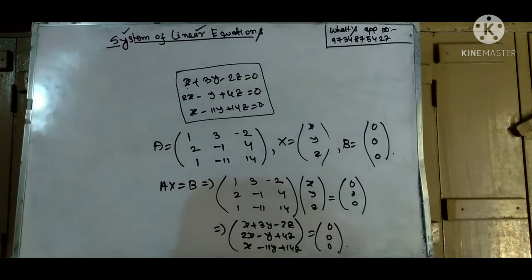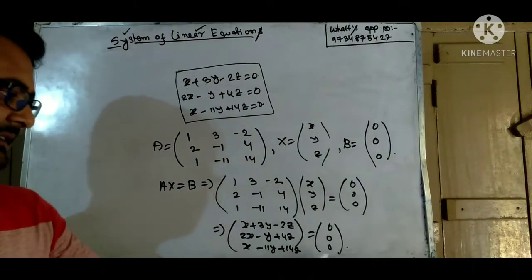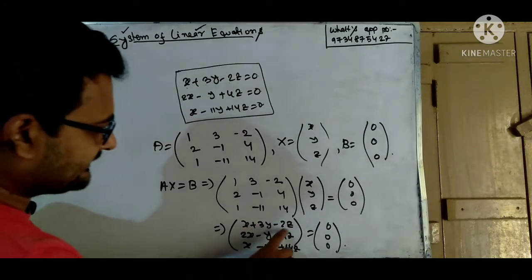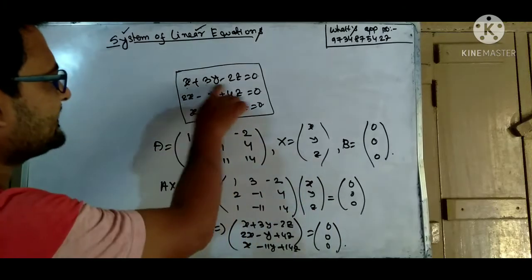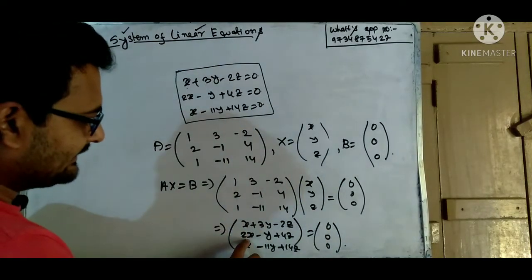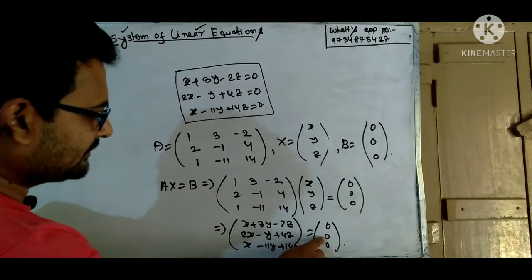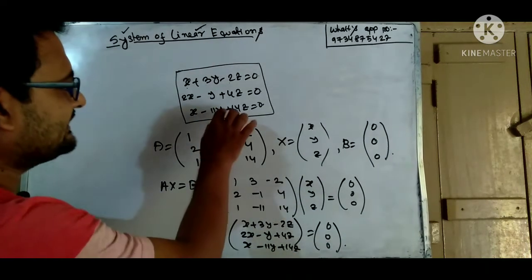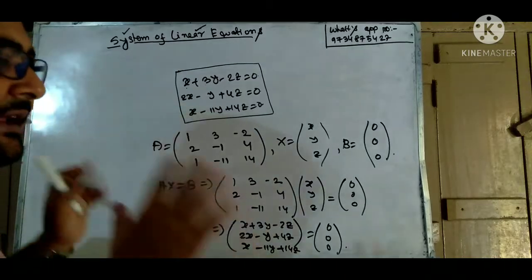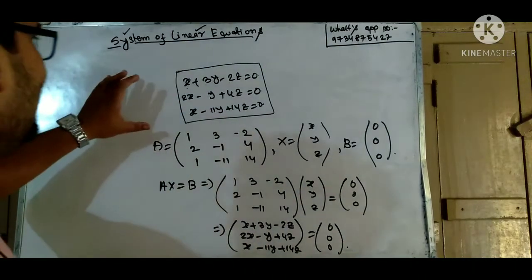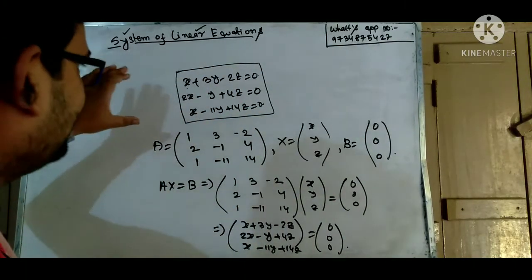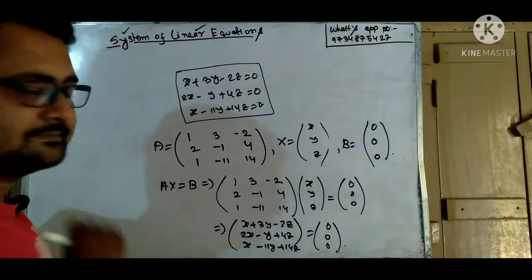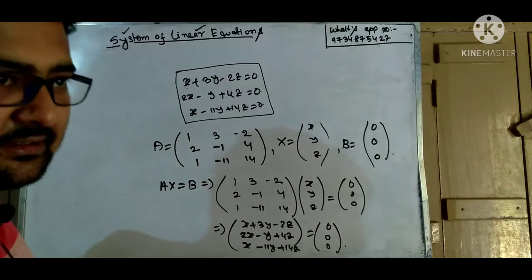Now if we compare these two matrices, the first element equals 0, this is the first equation. Similarly, this equals 0, the second equation, and this equals 0, the third equation. So any system of linear equations can be written in this matrix notation. Clear?